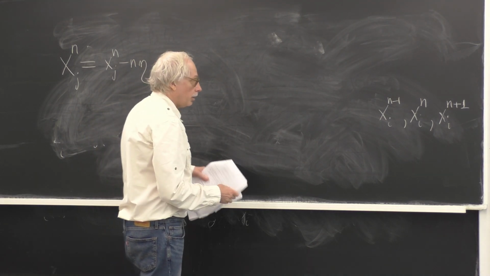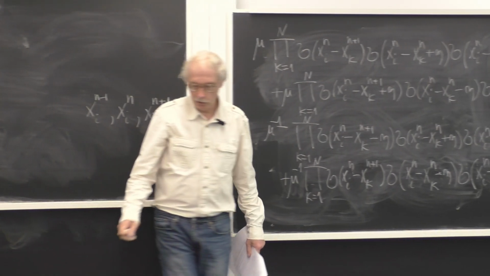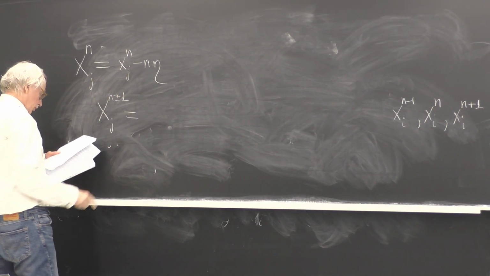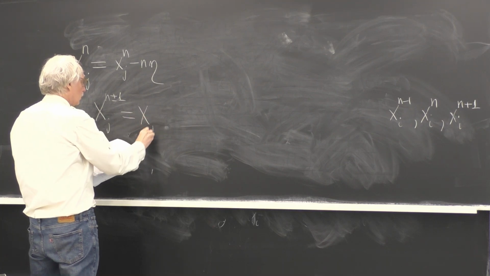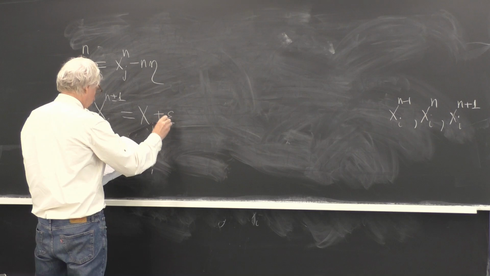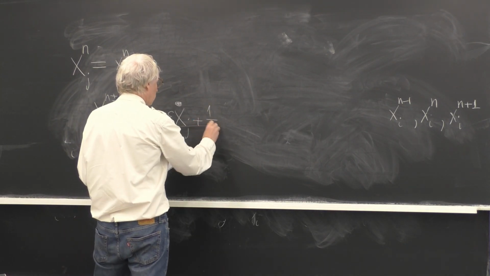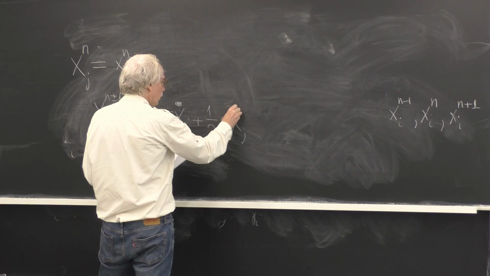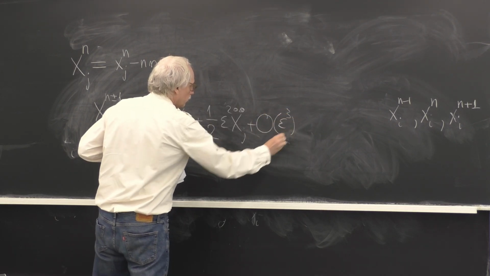And rewrite this system in terms of capital X, and then perform the continuum limit, assuming that x_j at n plus 1 is x_j plus epsilon x_j dot plus 1/2 epsilon squared x_j double dot plus higher terms.